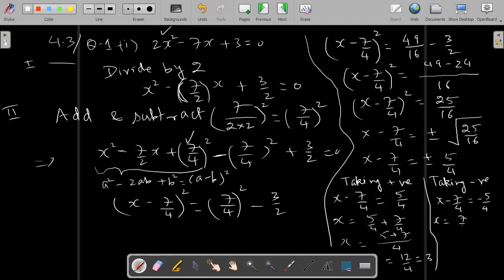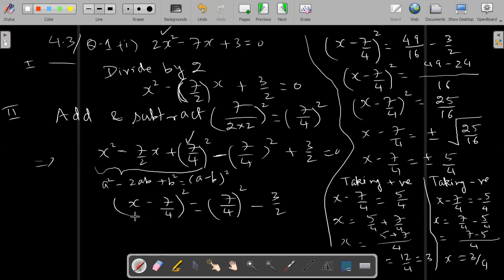So we can write the positive number first, negative number then, and we get 4 as the LCM. 7 minus 5. 7 minus 5 is 2. So 3 by 4. So the roots are 3 by 4 and 3.